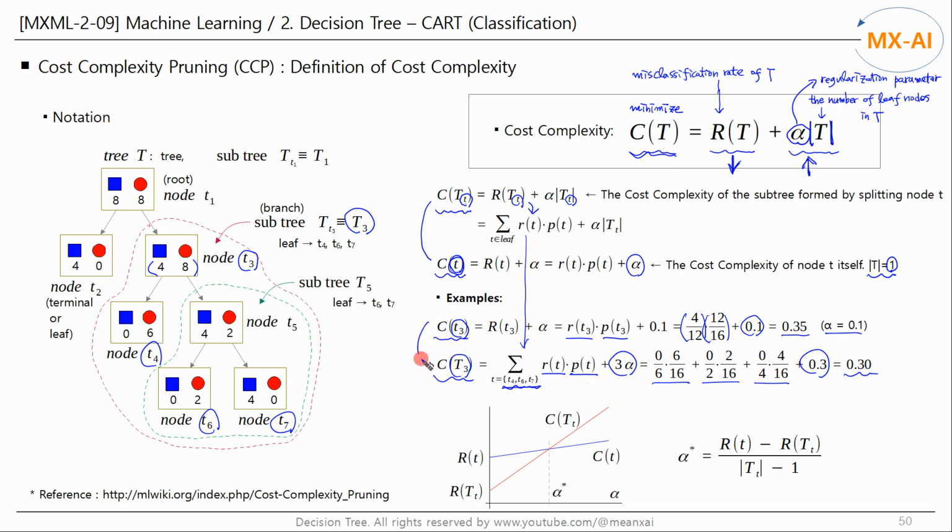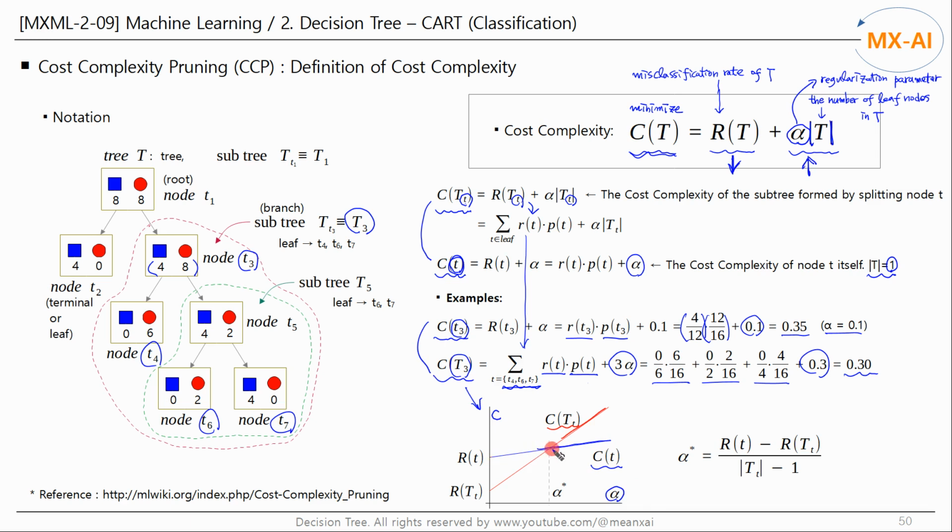Now let's visualize these two equations on a graph. The red line represents the cost complexity of the subtree, C alpha of T. And the blue line represents that of the node, C alpha of t. The x-axis corresponds to the value of alpha, and the y-axis represents the cost complexity.